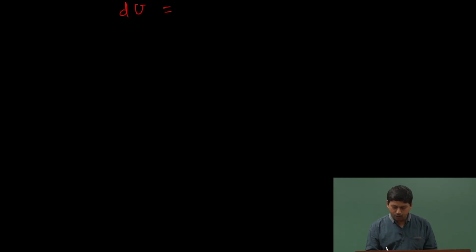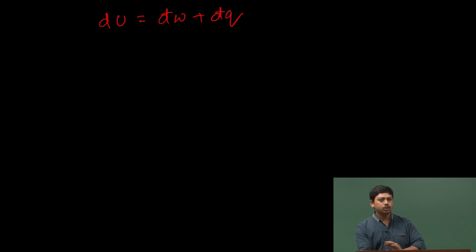We know that dU equals dQ plus dW. We will start from the extremely basic, fundamental first law of thermodynamics. We always start from the first law in this kind of case, so that we do not have to remember anything. Always start from the beginning and then you can rearrange everything along the way.